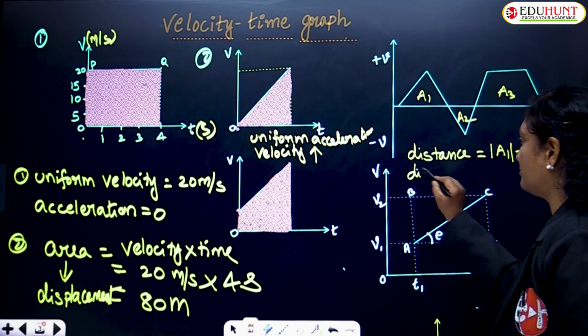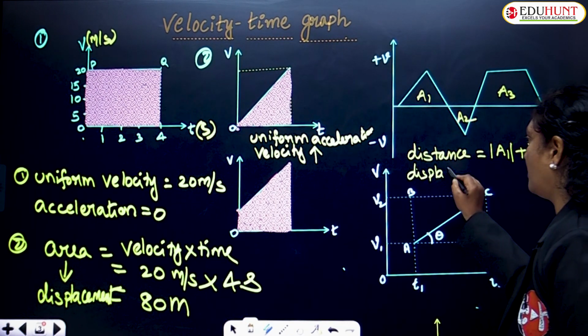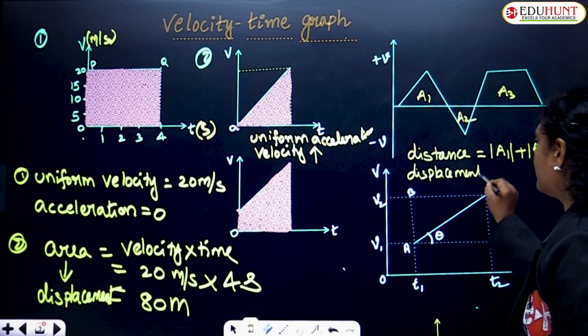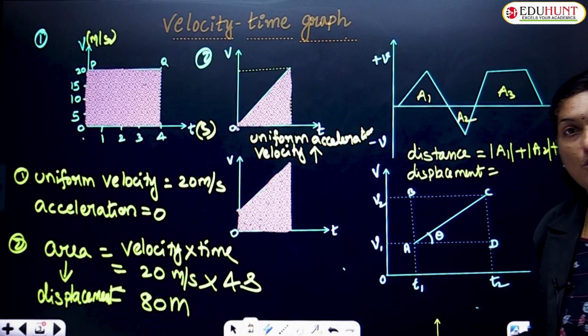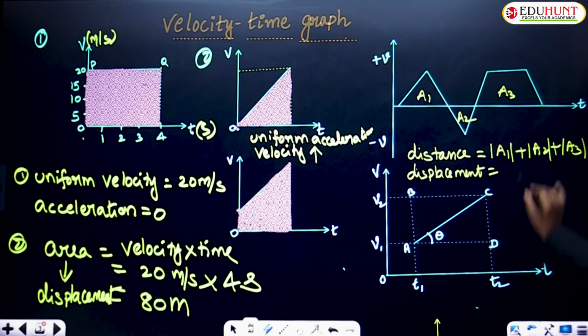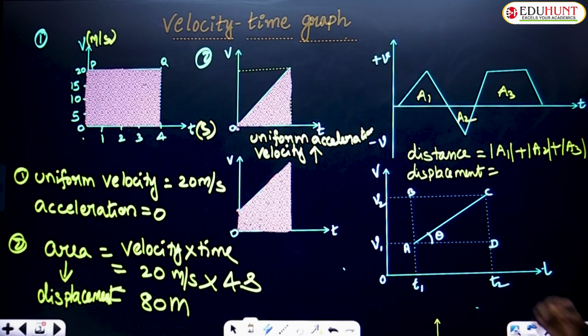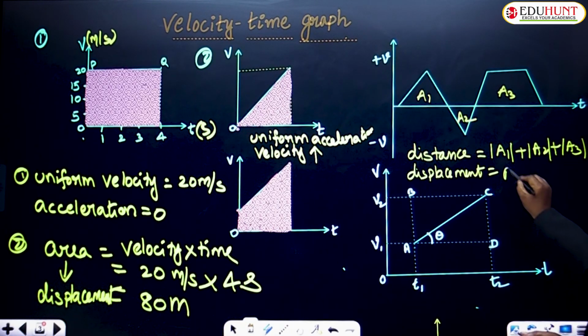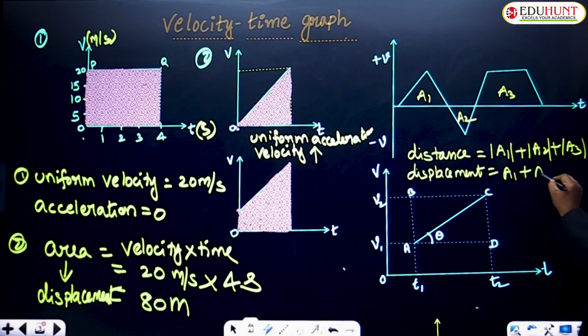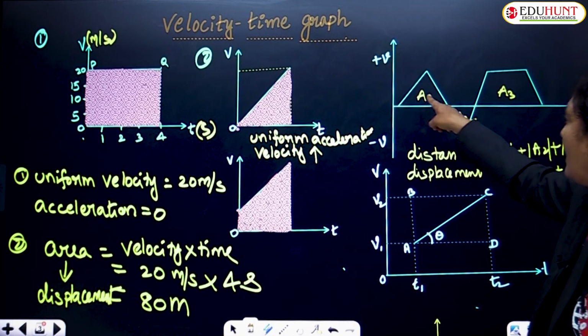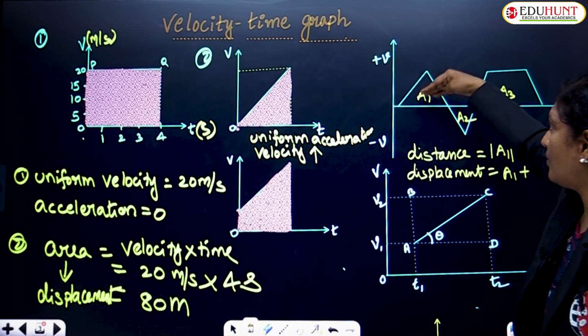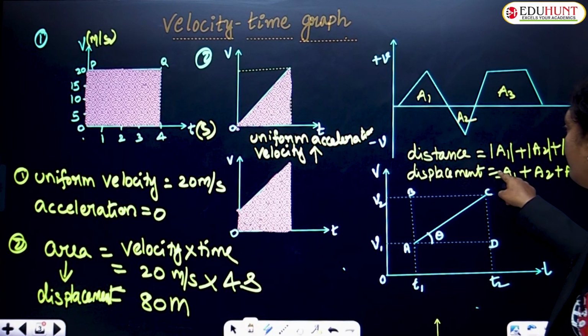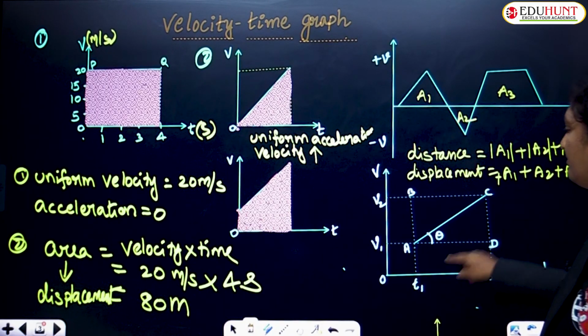But if you would like to find out the displacement of the body, then displacement can be 0, positive or negative. So no need to consider the magnitude. Simply add whatever the areas are according to the signs. Here you have A1, so positive A1, and here A2 means negative A2 you will be getting.